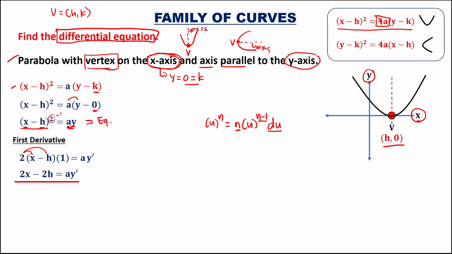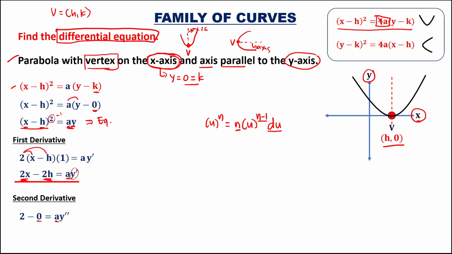Then from this first derivative, we need to find the second derivative. So the derivative of 2x is 2, then minus the derivative of a constant, that's 0, then equals, again bring down this constant, and the derivative of y prime becomes y double prime.